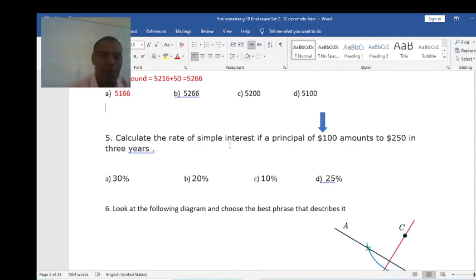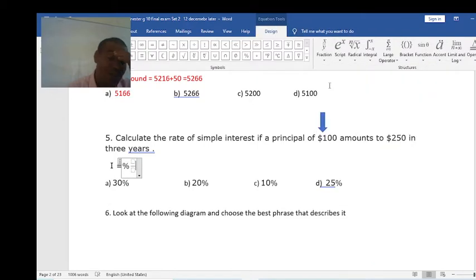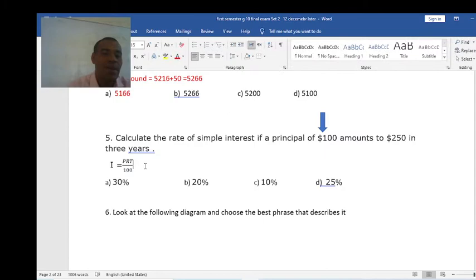Here, my learners, the simple interest is I, which is equal to, I will use a fraction, so I will erase this one, my learners. So we have PRT divided by 100. This is the formula of the interest. Okay.